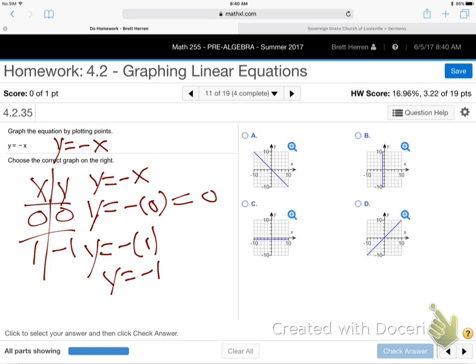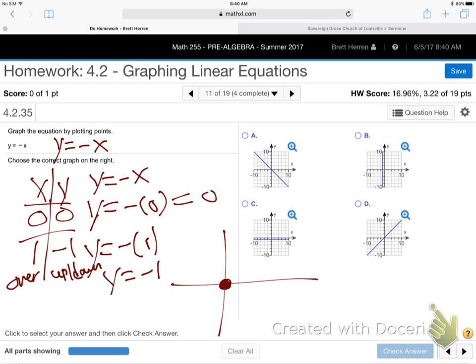Now, can you make a little graph and put those 2 dots, 4 numbers, 2 dots on the graph? What's the first one? 0, 0. That is the origin. It's right smack in the middle, huh? 0, 0. Where's the other dot? Now it's over and then up, down, right?